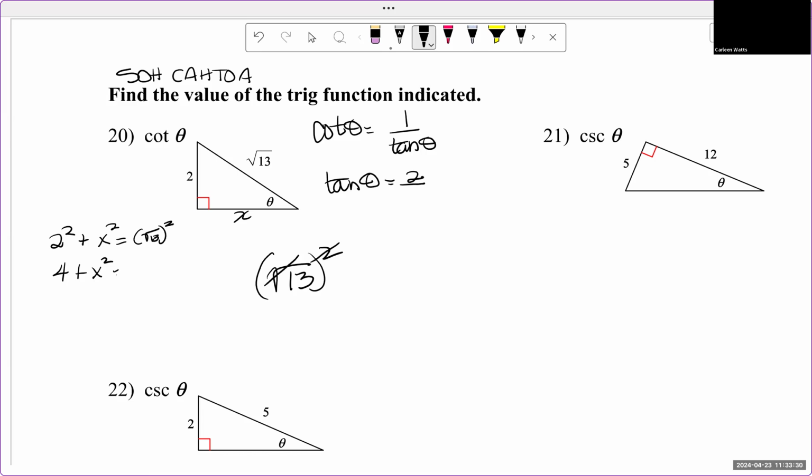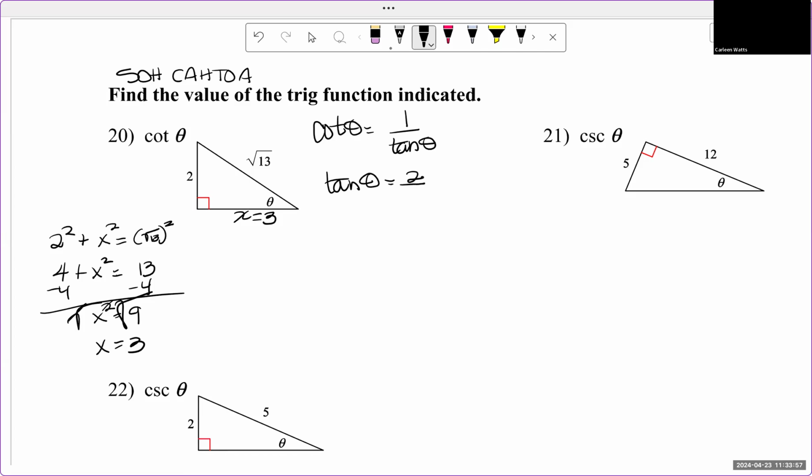They undo each other. So what comes out? 13. Subtract 4. X squared is equal to 9. Take the square root, and squared cancel each other. X equals 3. It's actually 3 or negative 3, but the leg of a triangle cannot be negative.